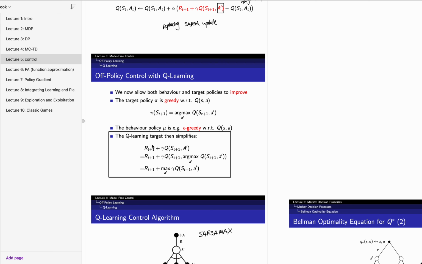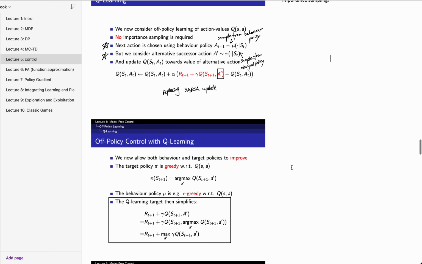And then the Q learning target simplifies to the immediate reward plus the max, because it's greedy with respect to Q. It's the max of the Q values of the next states and actions. Yep.